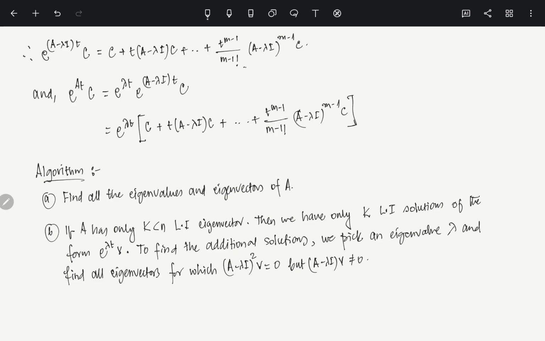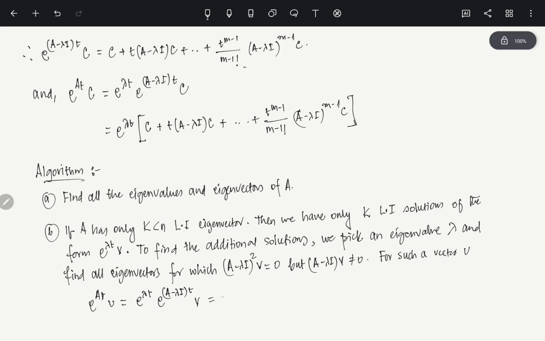And for such a vector v, if you can find one, e^(At) v can be written as e^(λt) e^((A − λI)t) acting on v. Here v is a constant vector, which initially we were writing as c; now I'm just writing it v, doesn't matter.